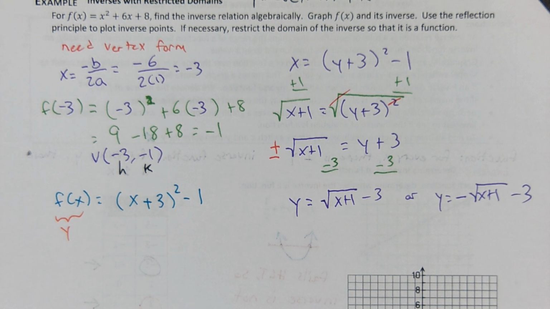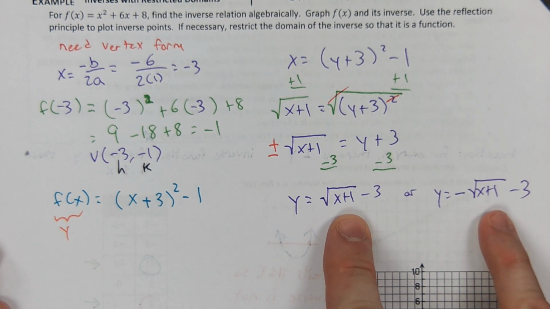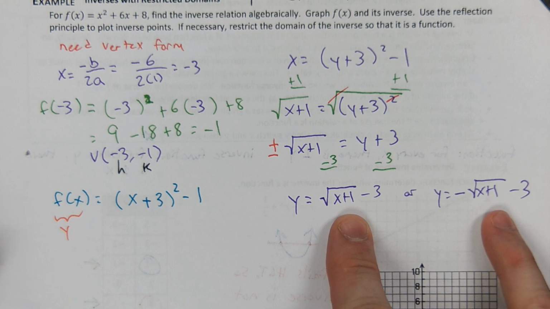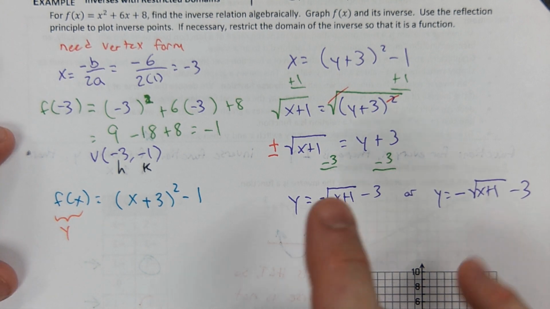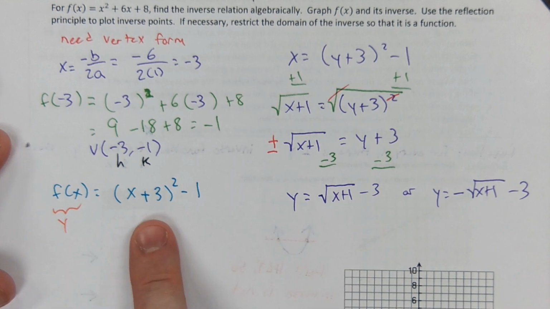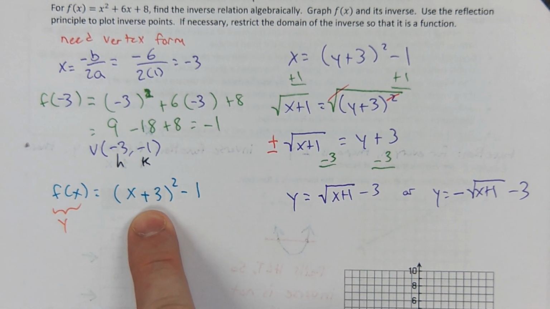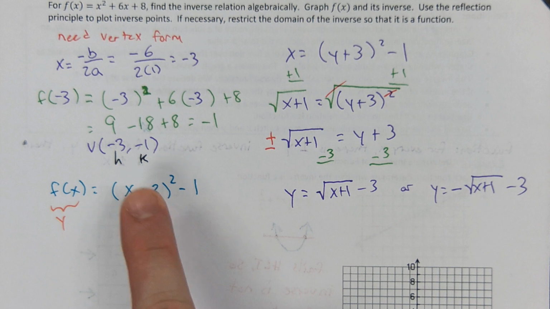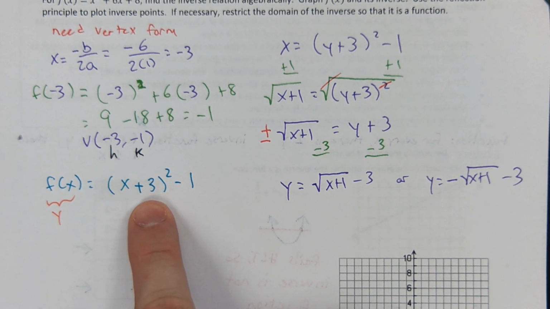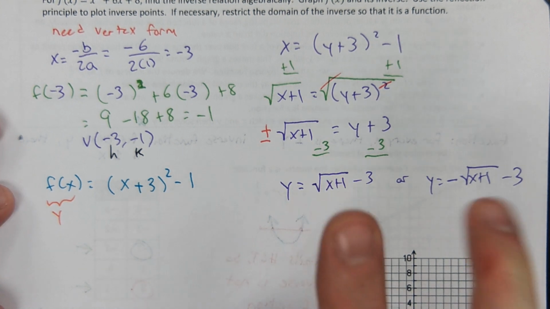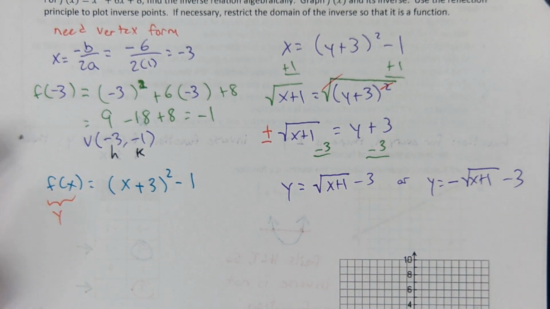Alrighty, look, you don't know how to graph square root graphs yet. That is this chapter. We're doing it this chapter. So, oh my gosh, what do I do? I tell you what you do. Use the reflection principle. You know how to graph quadratics? We spent a lot of time doing it last chapter. We're just going to get a whole bunch of x comma y's for this graph, and then we're going to switch those x comma y's to get these graphs.